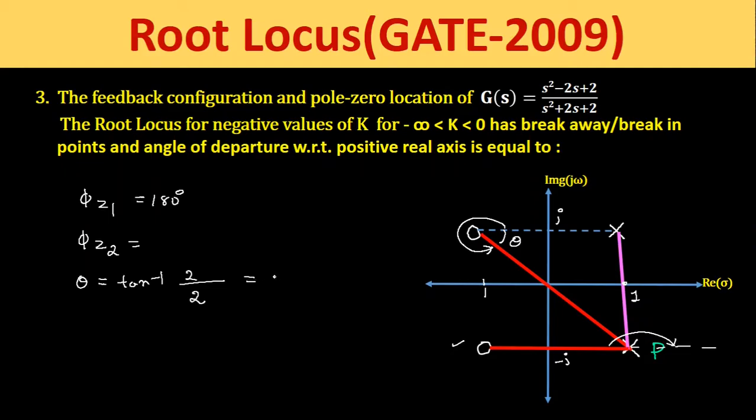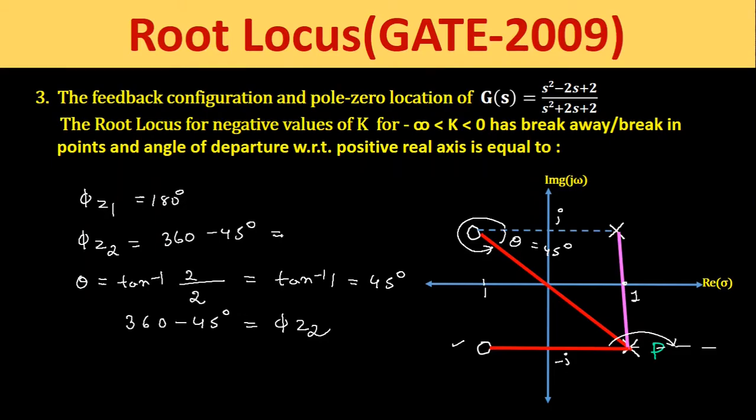So this will be tan inverse of 1, which is equal to 45 degrees. That means theta is 45 degrees. If we subtract this angle, 360 minus 45 degrees will be equal to phi z2. So phi z2 is 315 degrees.